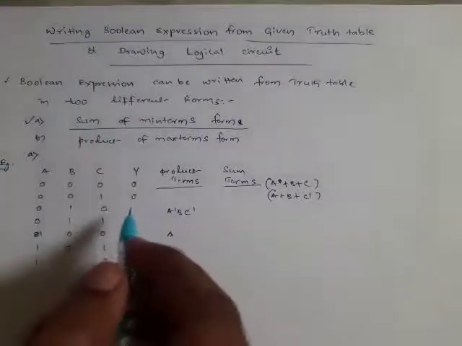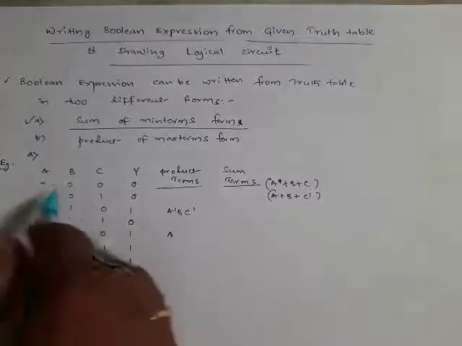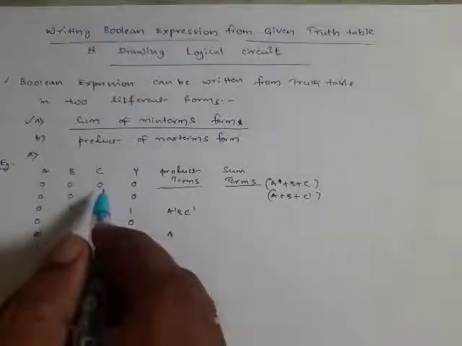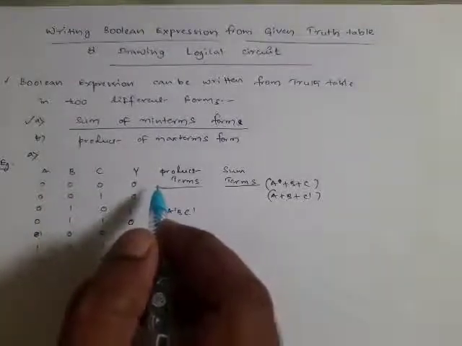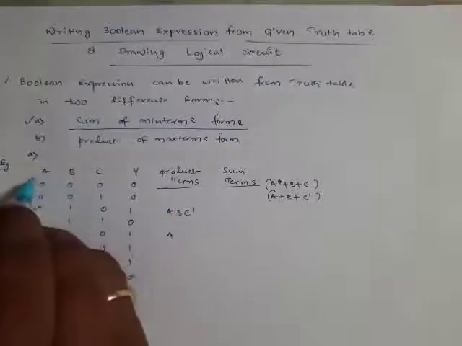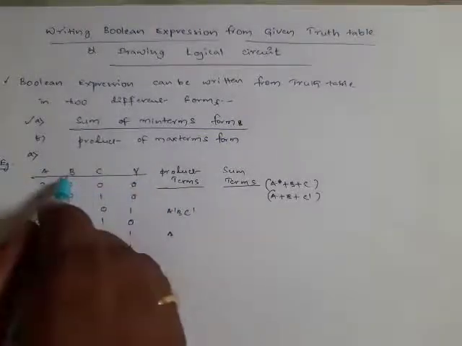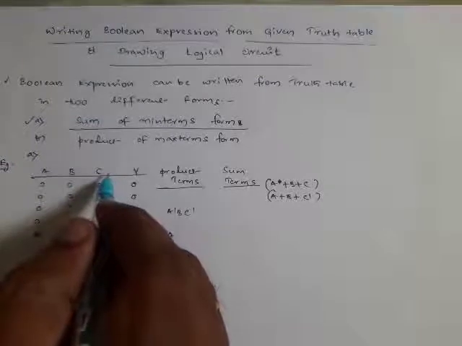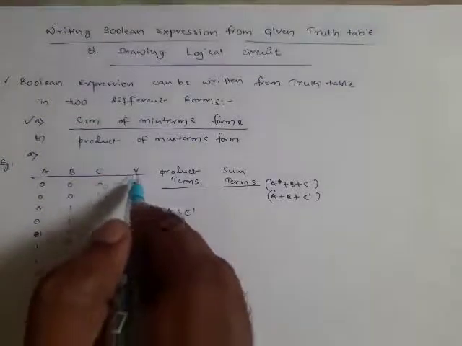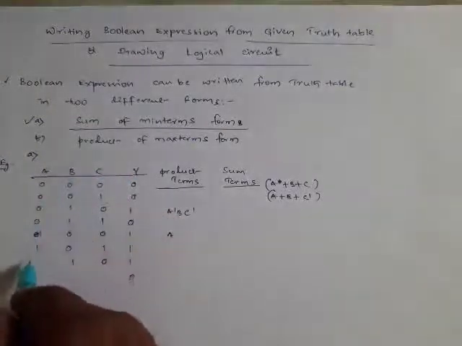So assume that we have a function. As an example, we have a function y which depends on three variables a, b, c, and we are given the truth table of the function.